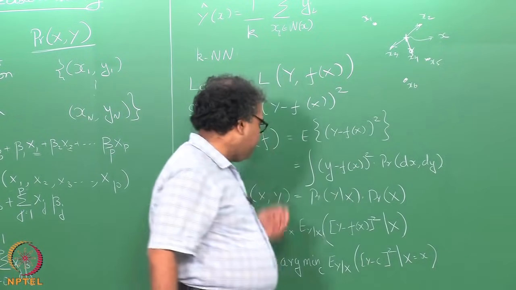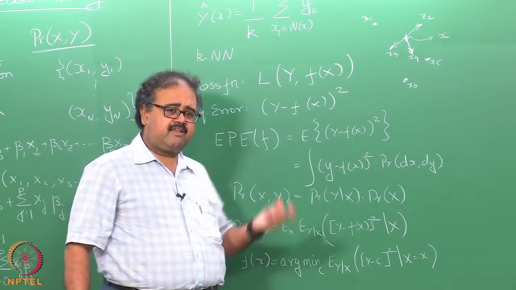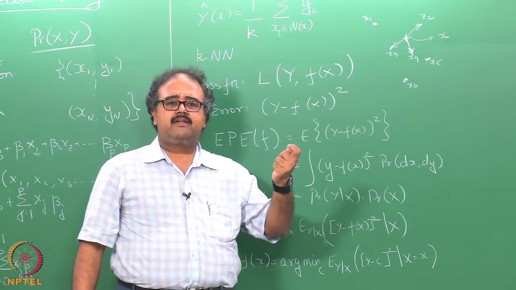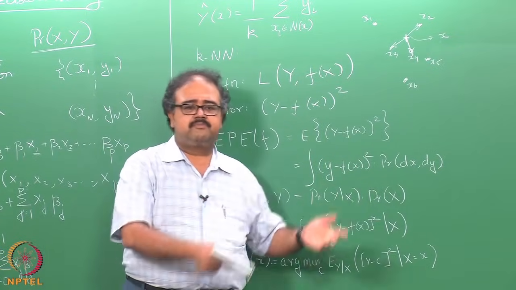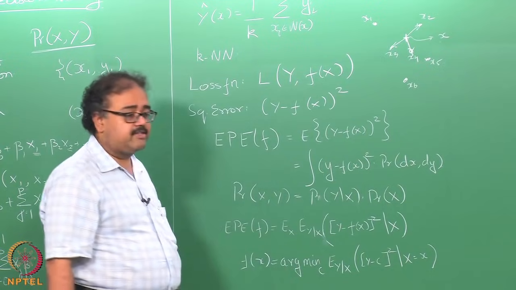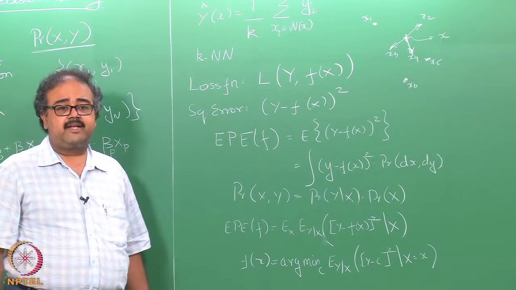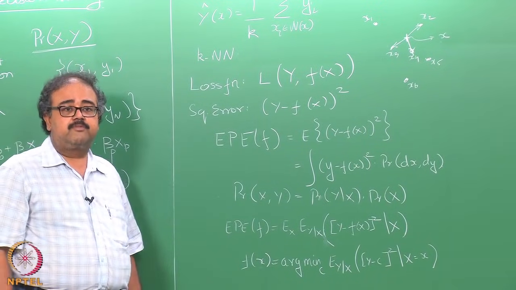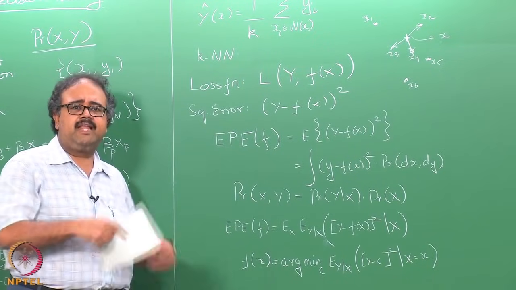Given an x, f of x has to be a specific number. Let us say somebody with an age of 25 and income of 15,000 rupees walks into my shop, I can only give one output.